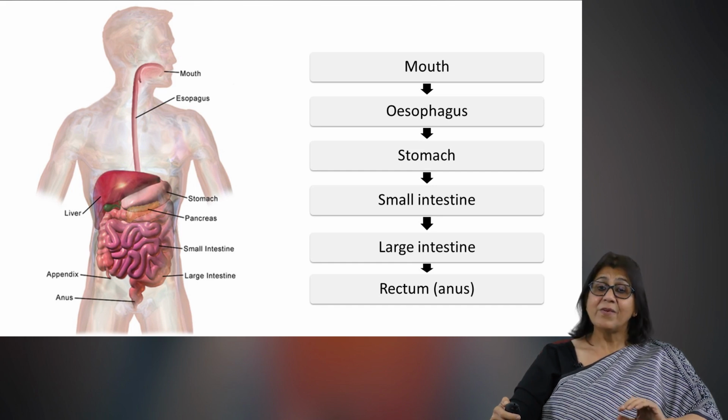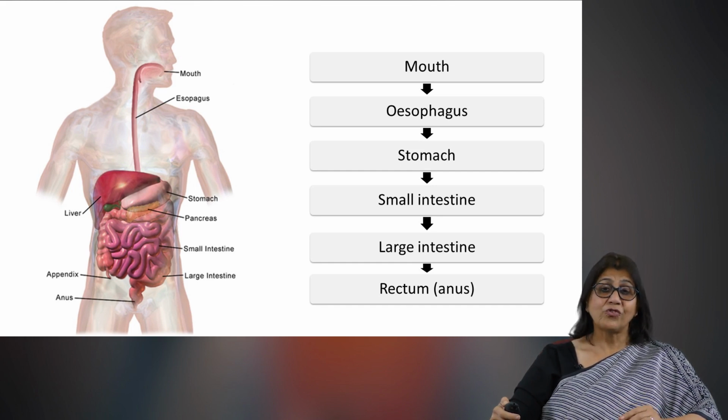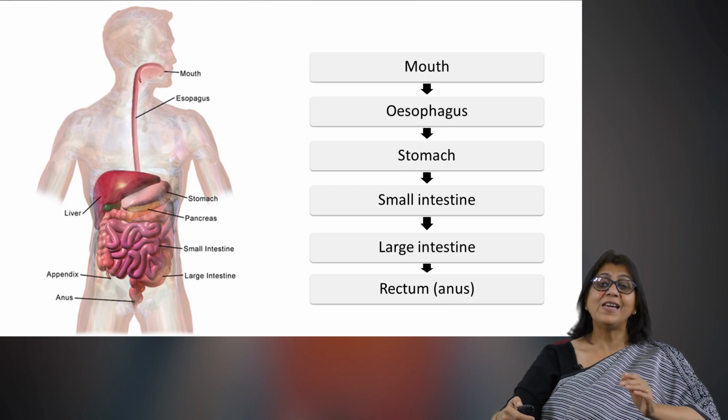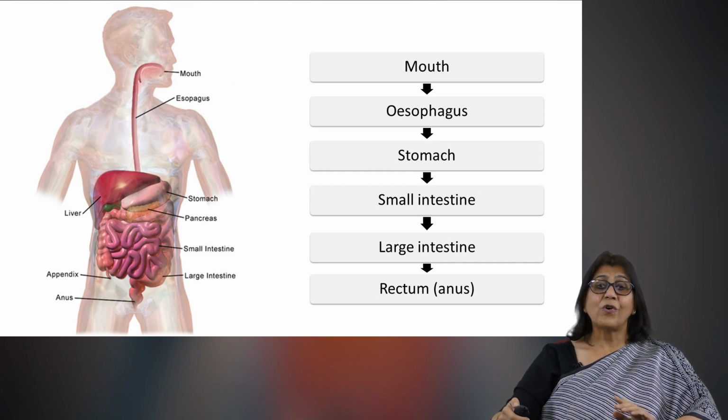The food remains in the stomach for about 2 to 3 hours before it passes on to the small intestine. The small intestine is the 20 feet long coiled tube, which is followed by the large intestine and then the rectum and the anus. So these are the different organs of the gastrointestinal tract which are involved in the assimilation of nutrients.